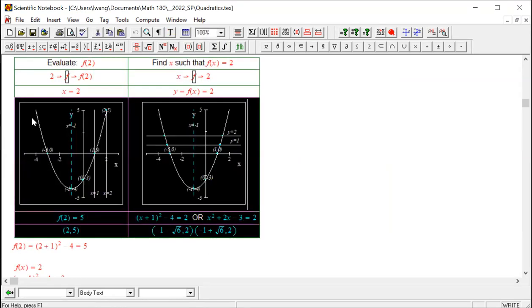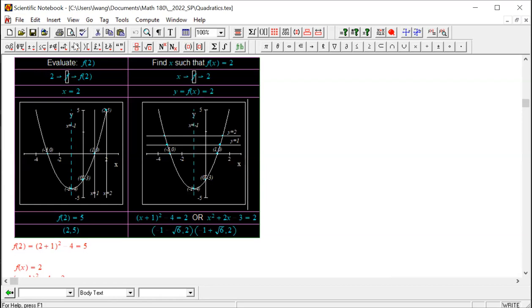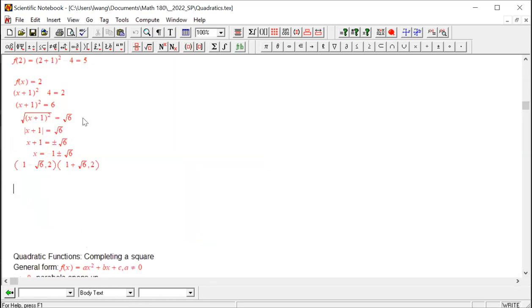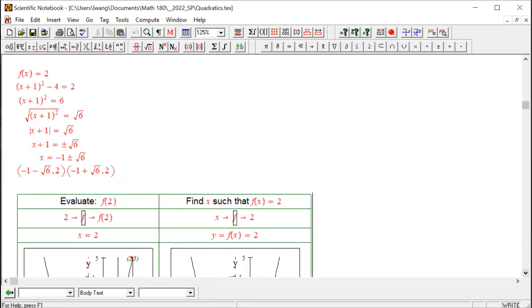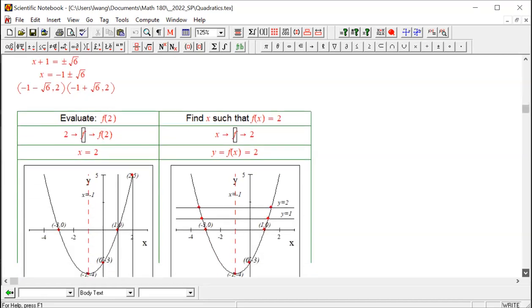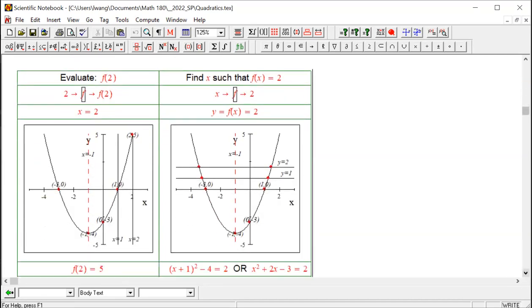But this time we're going to introduce something else. Still going to do vertical cut and horizontal cut, but this time I'm choosing values.